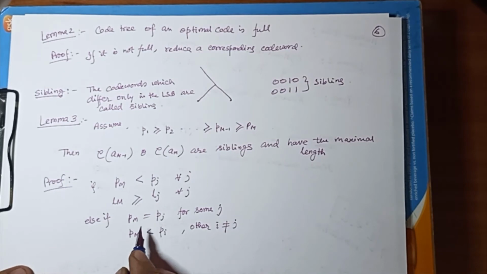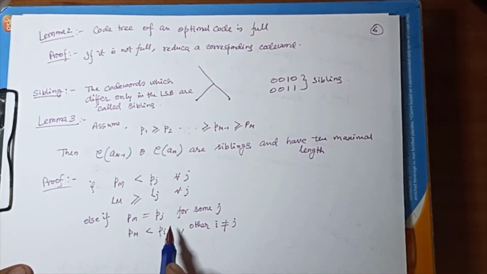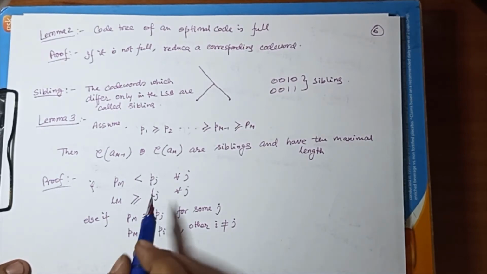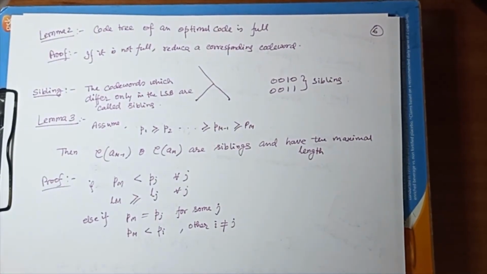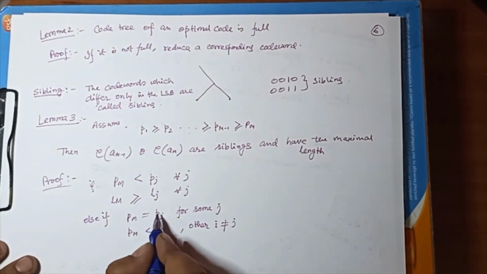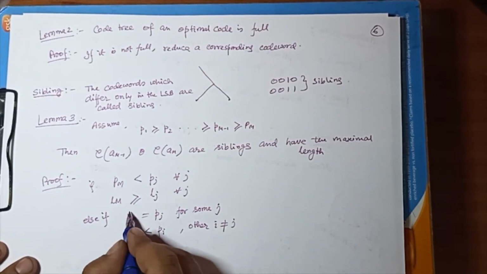Then without loss of generality, you can swap the corresponding two codes, and you can assign the maximal length to this Pm. That does not alter any generality, because all of these have the same probability. So you assign the maximum code word to this Pm.